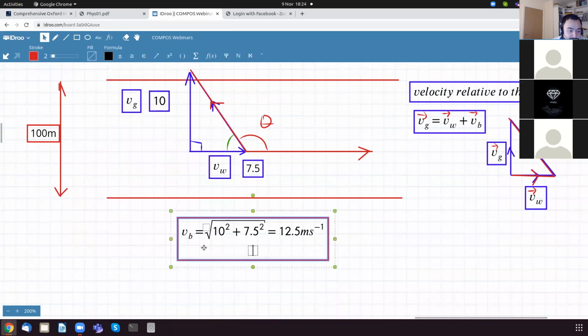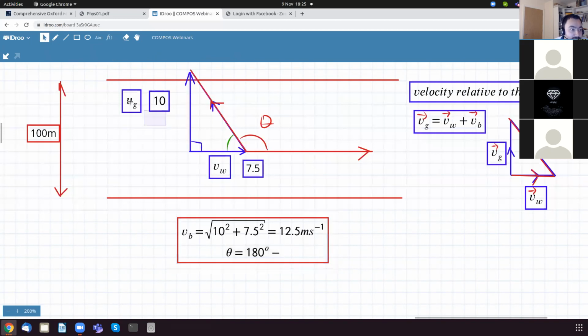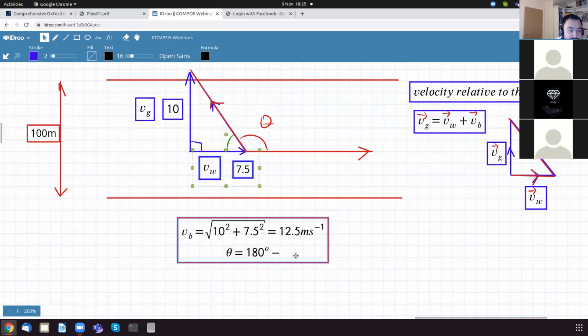So theta is 180 degrees minus that angle. And this angle, because it's a right angle triangle, is the inverse tan of 10 over 7.5. Inverse tan of 10 over 7.5.